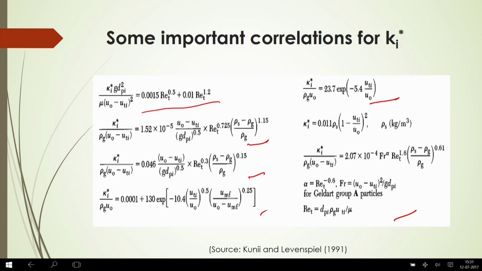As per that, there is the terminal Reynolds number based on terminal velocity, the Froude number based on particle diameter, and also the velocity of the fluid relative to the terminal velocity of the particle. Based on different types of solids, they have also got different correlations. You can get more correlations from the Kunii-Levenspiel book. These correlations are very important to calculate K I star, from which you will be able to calculate the elutriable amount of solids in the fluidized bed for that particular operating condition.